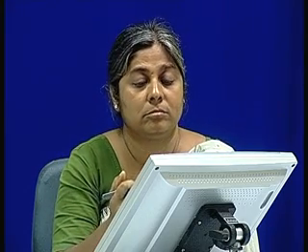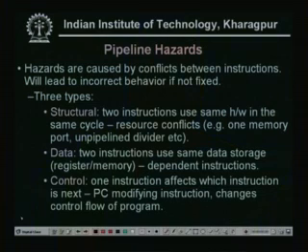That is the advantage we get, that there are some overlapping stages. Now, for that there can be a conflict, because at least two instructions are processed in parallel.